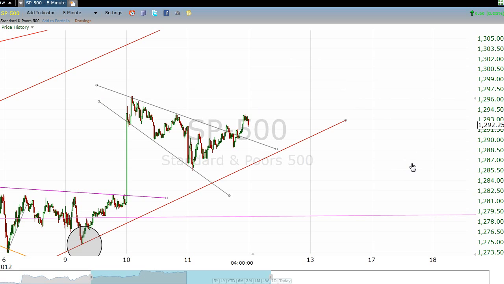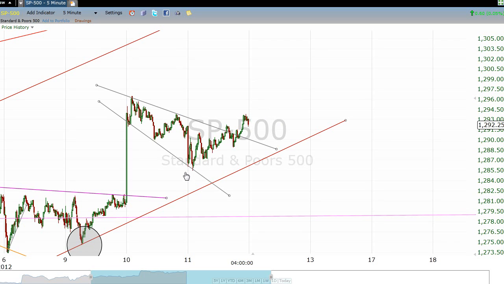And the reason I say that is we had a run up to about 1296, and then we sold back down, had a run up to about 1293 and change, and then came back, and we were able to at least get back to that 1293, close to 1294 later in the day.